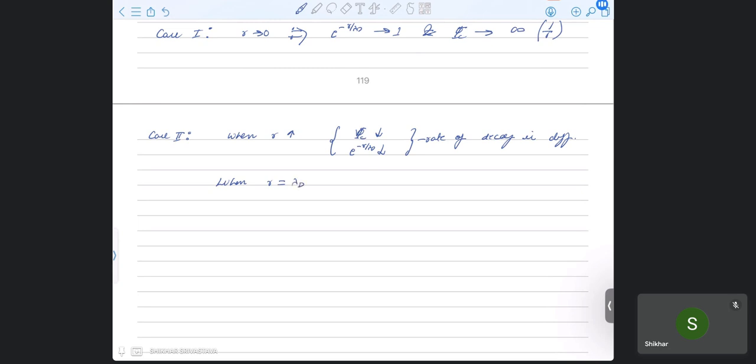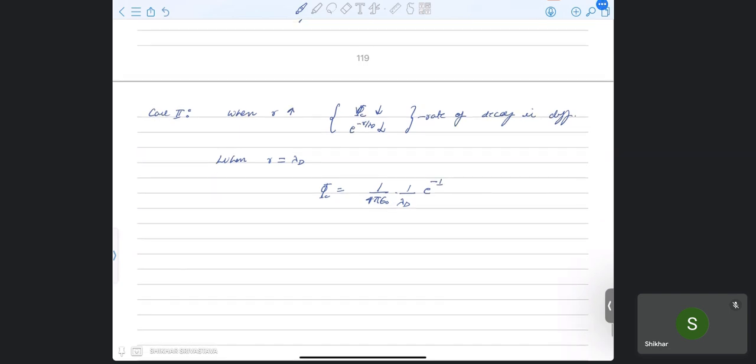When r is equal to lambda D, then your Coulombic potential phi c will become 1 upon 4 pi epsilon naught into 1 upon lambda D, and your exponential term will become what? e to the power minus 1. So at r equal to lambda D, this is what your potential will look like.